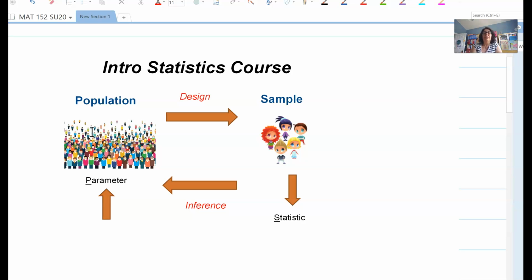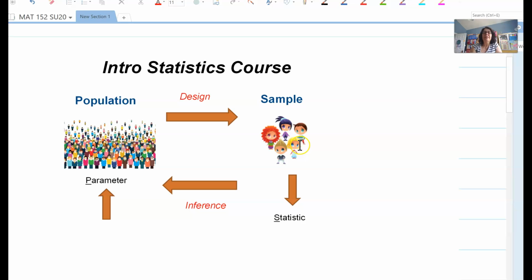Call it whatever your research question is about. It is impossible to take information, whatever you're interested in, grade, height, weight, income, their spending, from the whole population. So we will have a perfect design or close to perfect design from this population, and we will pick one sample.